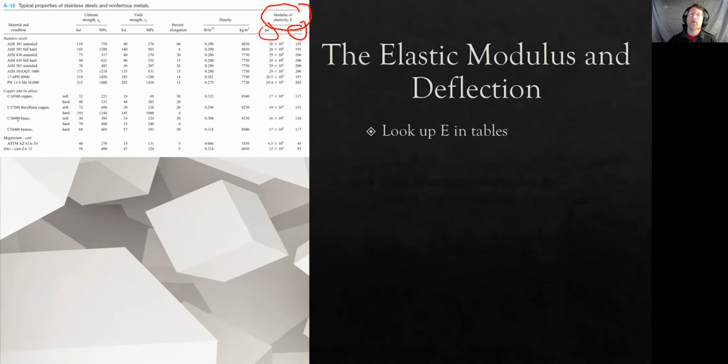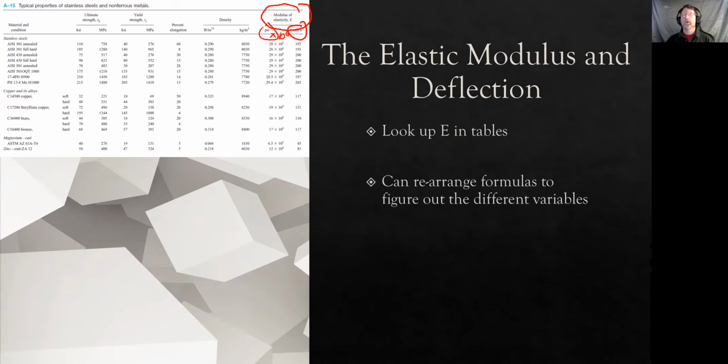You've got stainless steels, copper, magnesium, and make sure you use the proper units. Often up here, you'll see PSI times 10 to the 6th, and then you'll just see 28 or 29, whatever. So watch out to make sure you use the right units. This is gigapascals. That's 1 billion pascals, or I like to think of them as 1,000 megapascals.